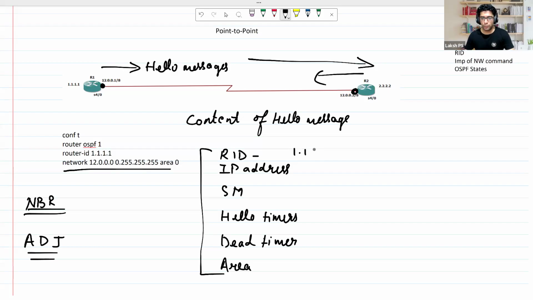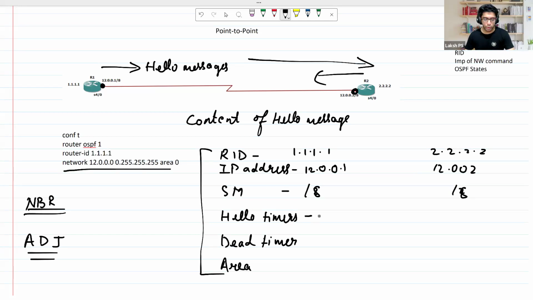So over here 1.1.1.1 is R1, R2 is 2.2.2.2. The IP address is 12.0.0.1, here 12.0.0.2. The subnet mask is, sorry, not /24, it is /8, and this is also /8.